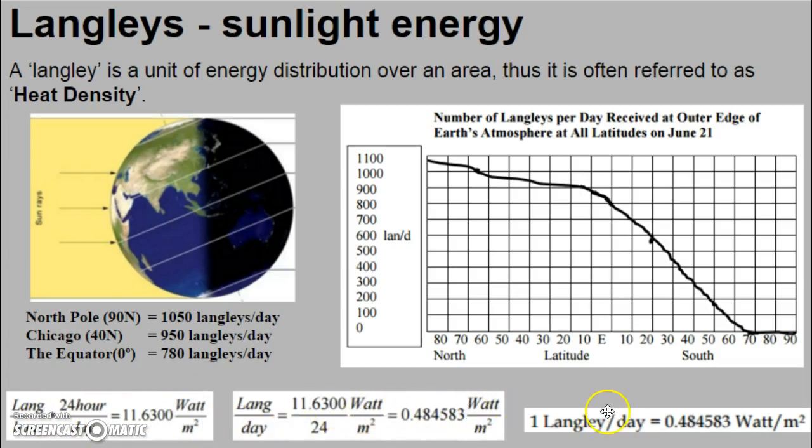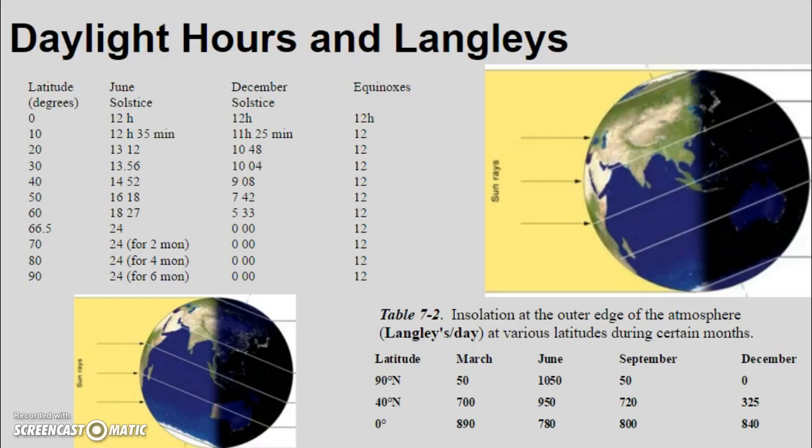This is a constant that we can calculate, measured in watts per meter squared. So we're looking at how the daylight hours influence the amount of insolation interacting with the outer edge of the Earth's atmosphere at different latitudes at different times of the year. I hope that helps make sense.